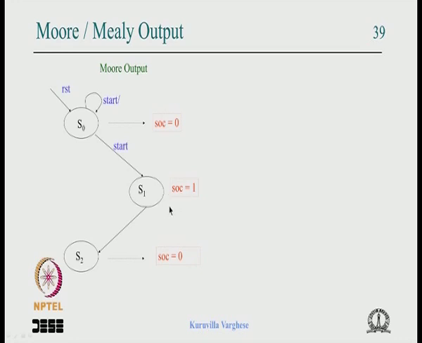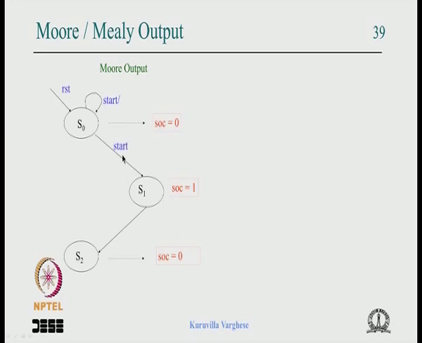Now I am trying to convert this particular SOC into a Mealy output. So how can we do that? Because we have only one input, the start signal, look at this scenario: when start is low, the machine is in this state and SOC is 0.